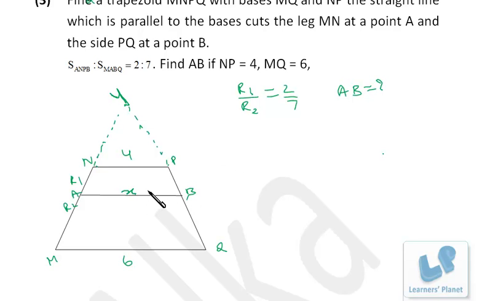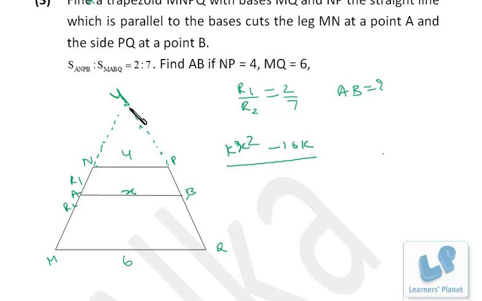I can choose a constant, so that is kx square, right? So area of YAB is kx square, area of y and p is 16k, right? Okay, so if I deduct this area, I'll be getting the area of A and PB. So this is the area of A and PB, isn't it?